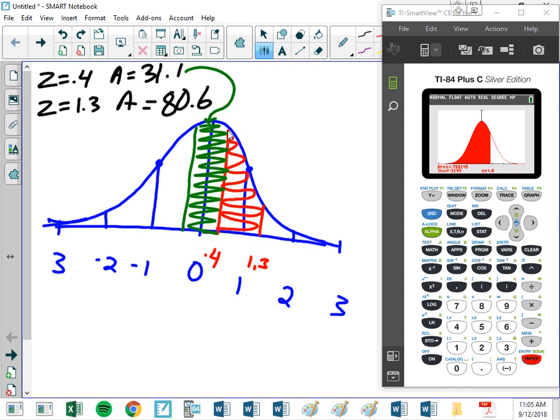How much of that area actually shows up in the area I want? None of it. Okay, so that's kind of complicated. But this here, 1.3, this here is my 80.6 area.